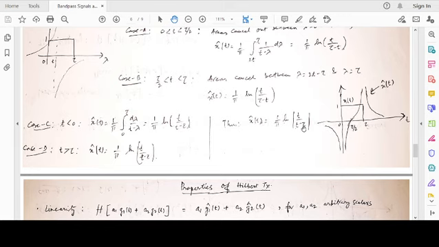At t equal to tau, it approaches plus infinity. And when t is tau by 2, it is ln 1, which is 0. Function value is 0. So at the discontinuities of the pulse, there is one discontinuity in here.